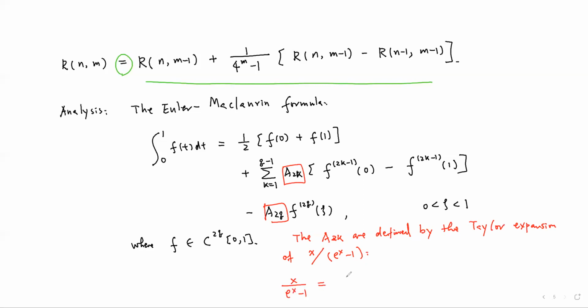Expand this function as the sum for k from 0 to infinity of a_k times x^k, and we have a series.